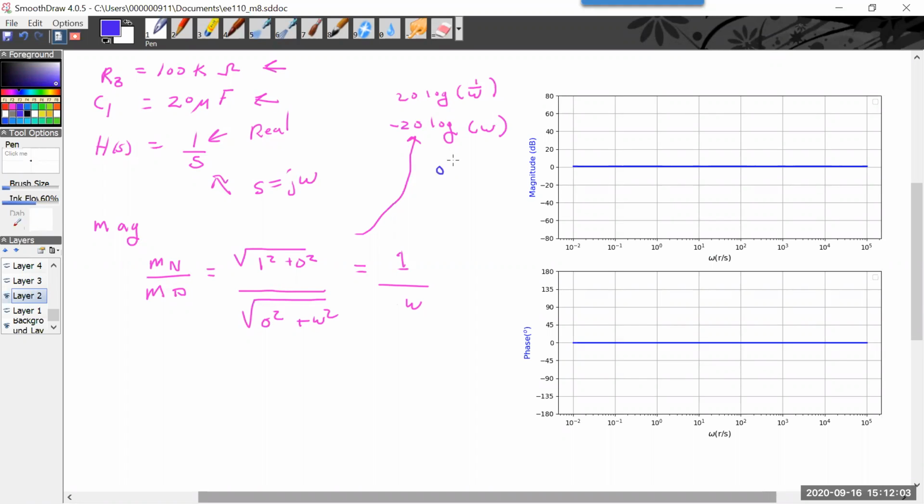And it'll be 0 dB when omega equals 1. Okay, so just to guide myself, I put a dot there. And then I go up 20 over 10, up 20 over 10, so I know I can start here.